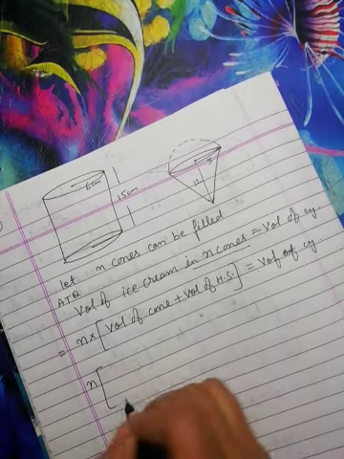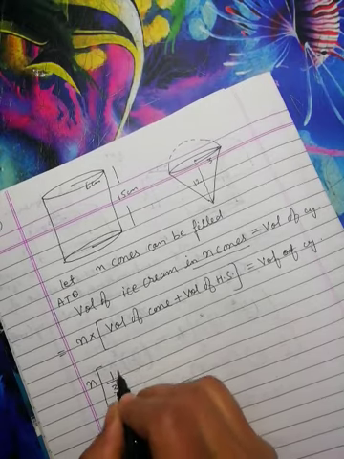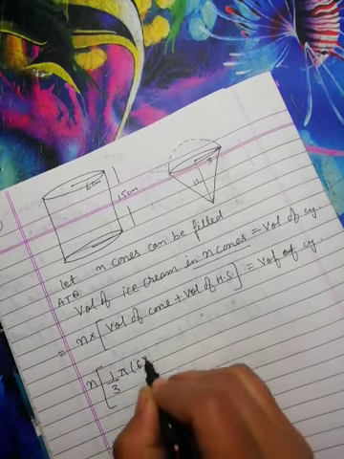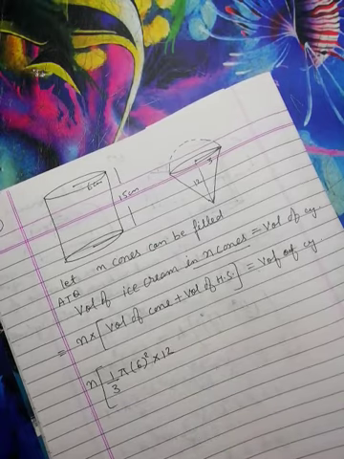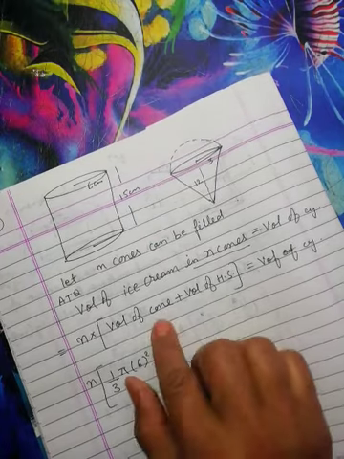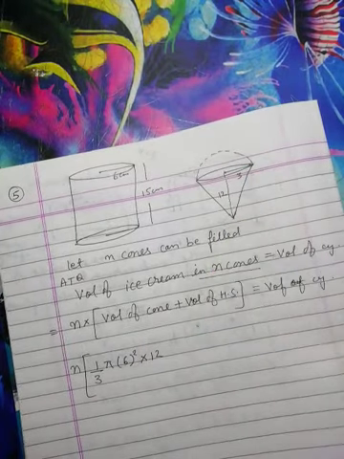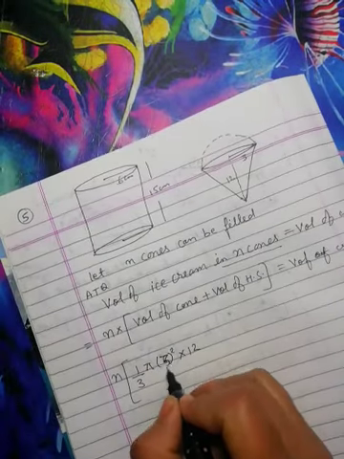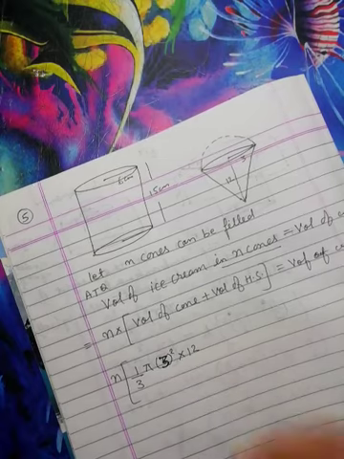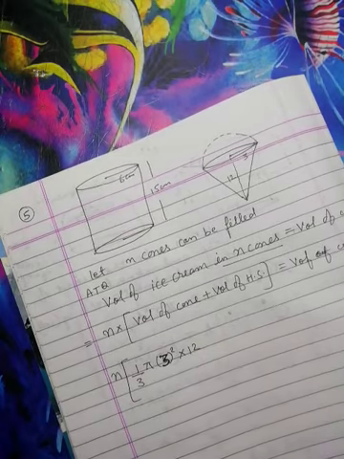Let's solve the question. N times volume of cone will be 1/3 pi r square h. Well, dimensions of cone I have used. Volume of cone के लिए आप लेंगे 1/3 of pi r square h. R is 3, not 6. And height is 12. Fine.